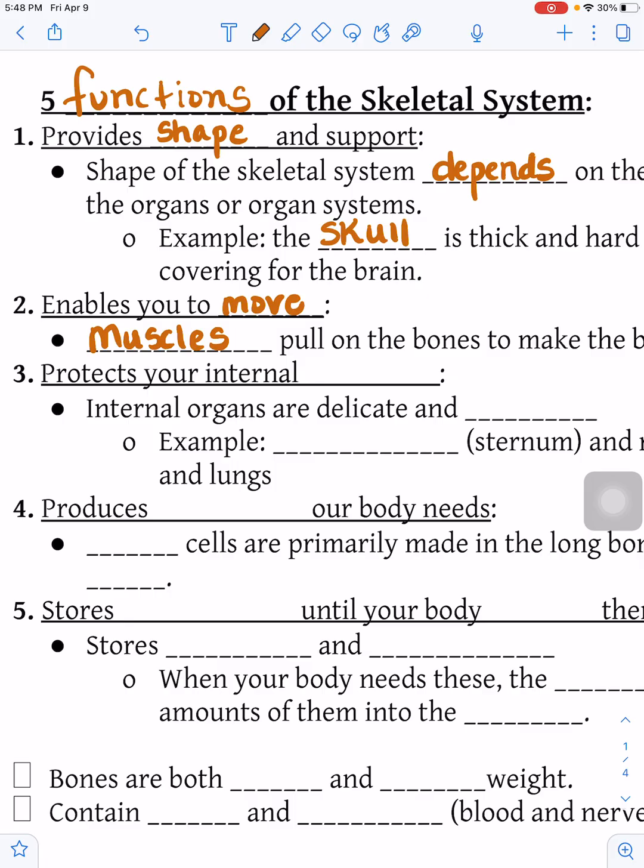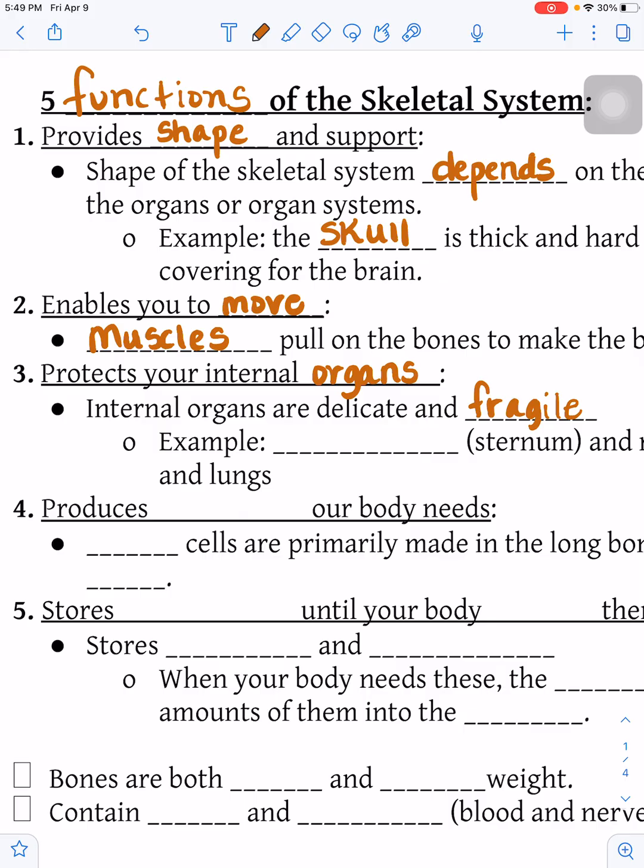Number 3, the bones protect your internal organs. Internal organs are delicate and fragile. They have very big jobs to do, but they're very fragile and delicate. So they have to be protected by something strong and firm.